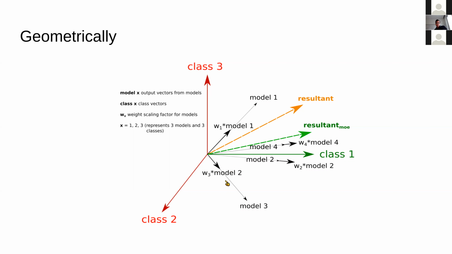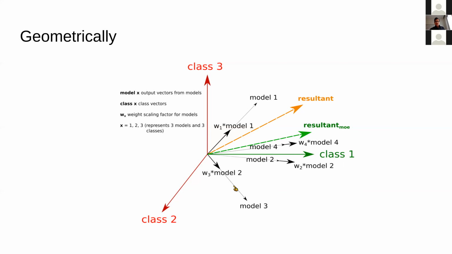Let's say the output of model 3 predicts that your output is probably somewhere in between class 1 and class 2. And let's say model 4 and model 2 predict that your output is closer to class 1. So intuitively, we can say that class 1 is probably the correct output for this example in an ensemble, since these 2 models vote for class 1.